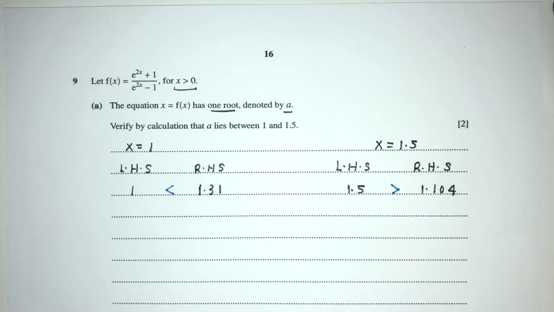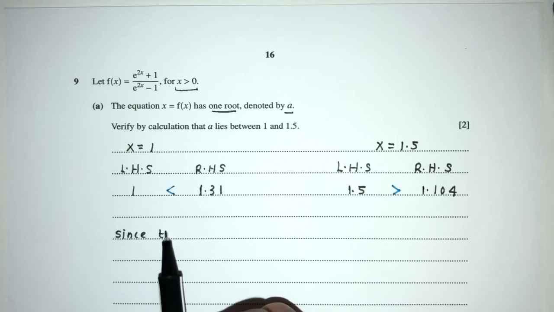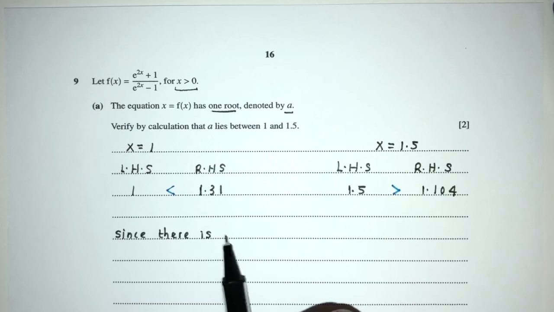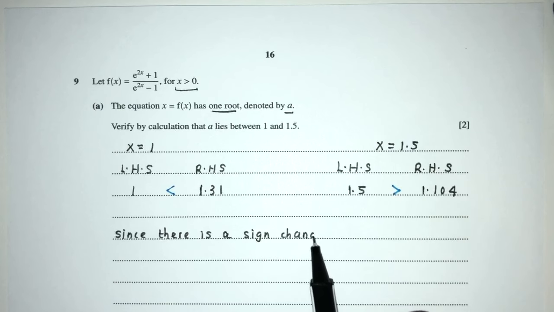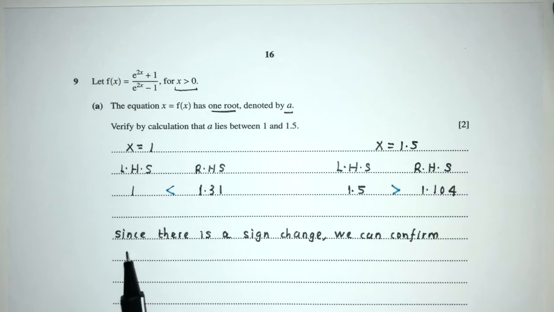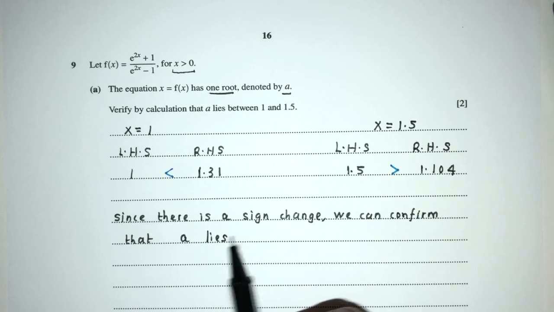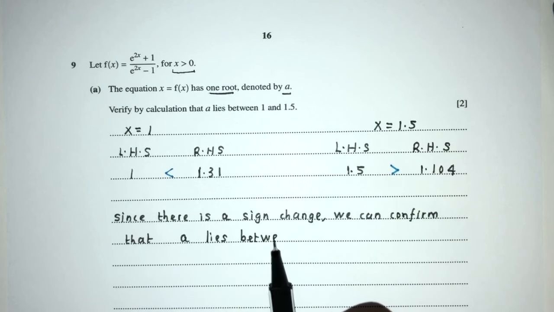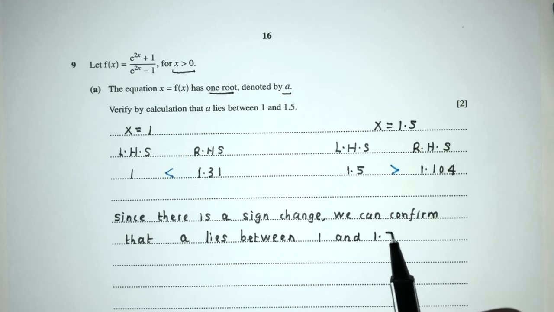Because there is a sign change, we can confirm that the value of a lies between the value of 1 and 1.5 by showing this.